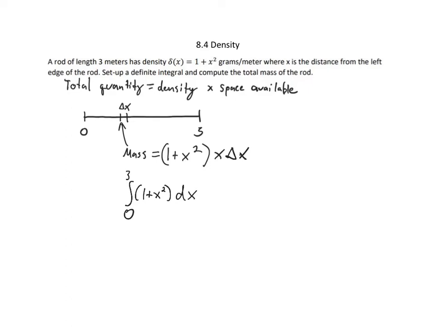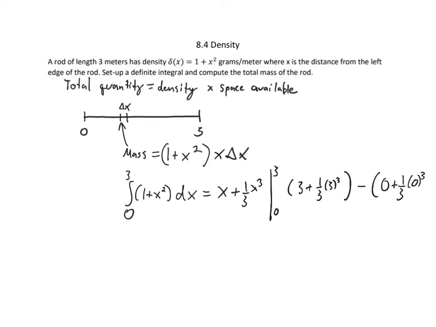And that's a fairly simple definite integral. We should be able to do that one by hand. The antiderivative of 1 is x. The general antiderivative of x squared is 1 over 3 x cubed. And we're doing that from 0 to 3. So 3 plus 1 over 3 times 3 cubed, minus 0 plus 1 over 3 times 0 cubed.